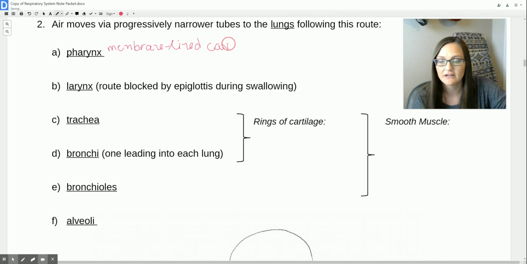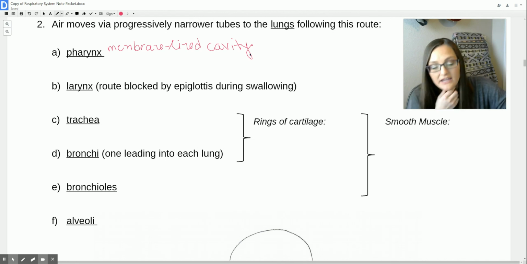So you're going to want to add behind the nose and the mouth. It connects your nose and your mouth to the esophagus for digestion and to the trachea for respiration. So you want to add that membrane lined cavity behind.